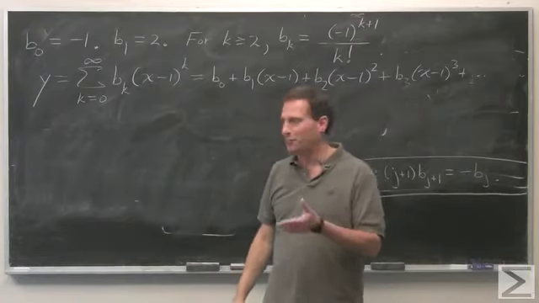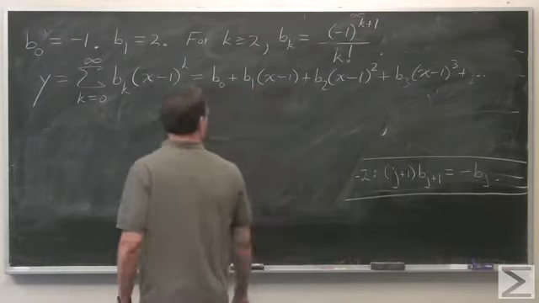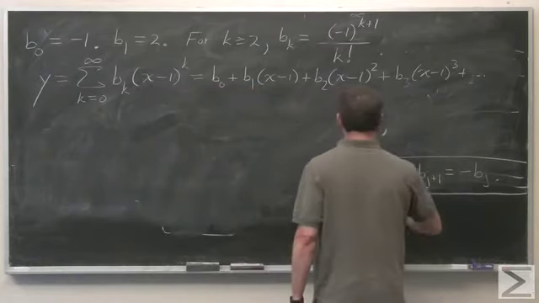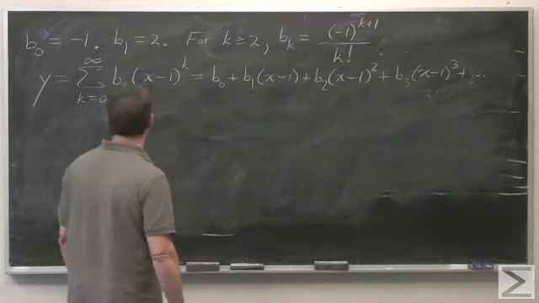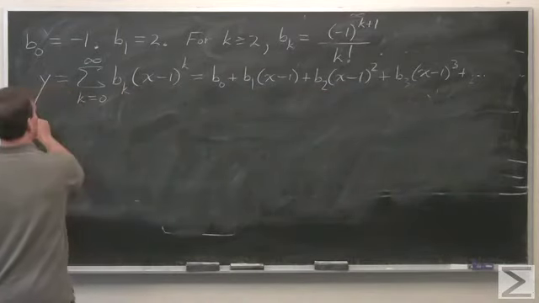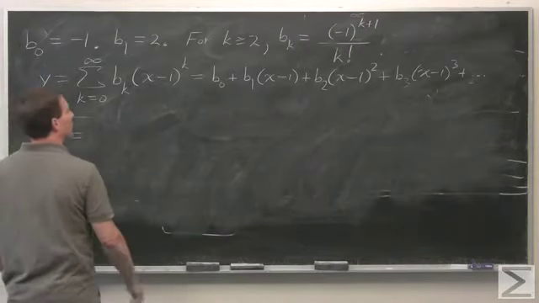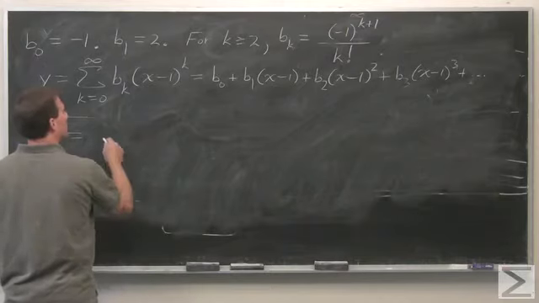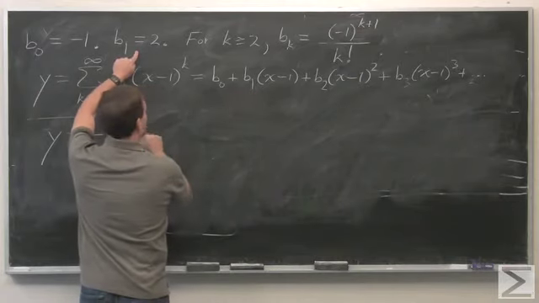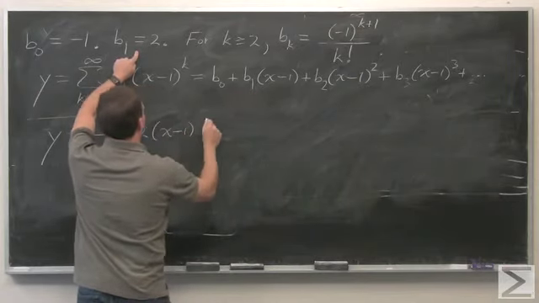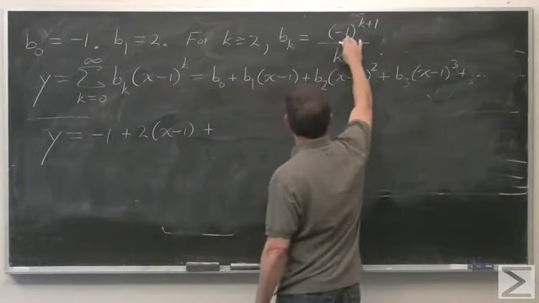Great. Well, if you want to write this in a closed form, you're going to have to mess with it for a while. But if you just wanted to approximate, you could just take the first few terms. But if you really want to write out what's going on, we're getting a minus 1 for b naught plus 2 times x minus 1 plus, and then they start going according to this pattern.